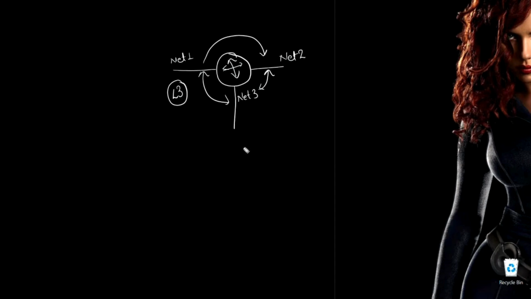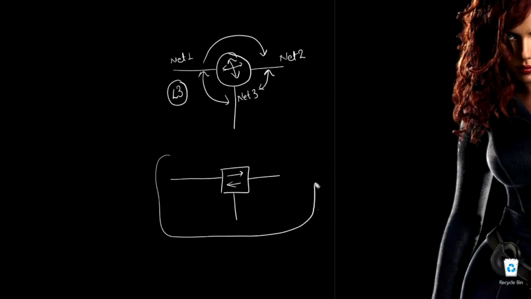The same scenario is with the switch. If we have a switch here and we have different VLANs, the traffic is sent within the same network. In fact, I should have told layer 2 first.